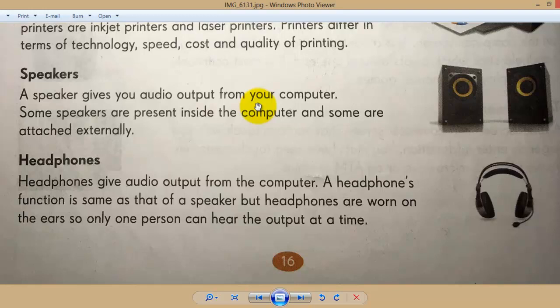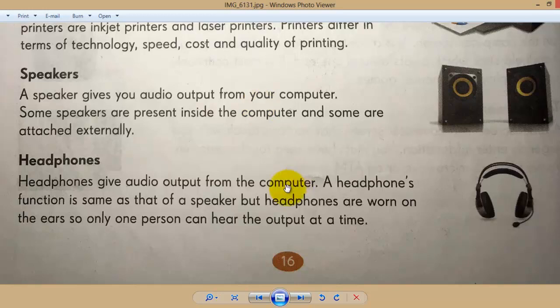With a speaker, if you listen to movies, or someone is playing a guitar, you can let your whole family or whole class listen. But while using headphones, only one person can listen to the audio output from a computer or mobile, or any device. So these are the output devices.